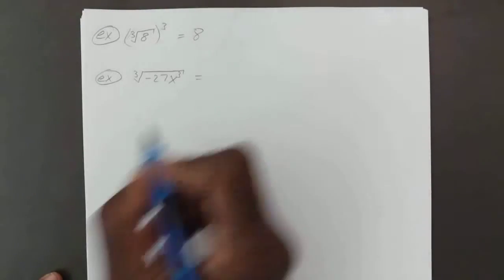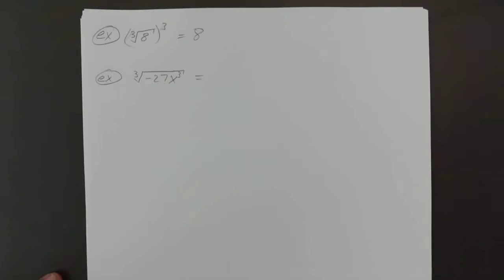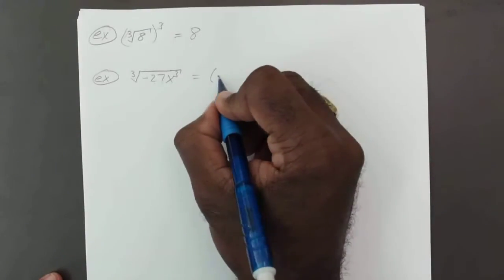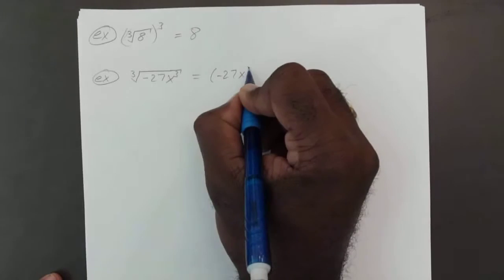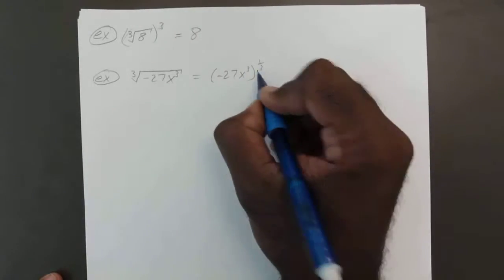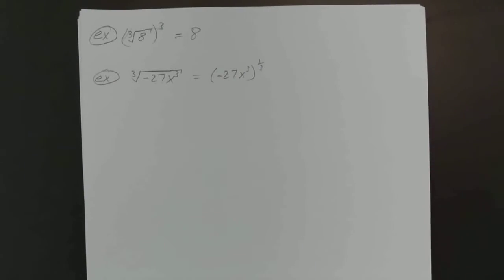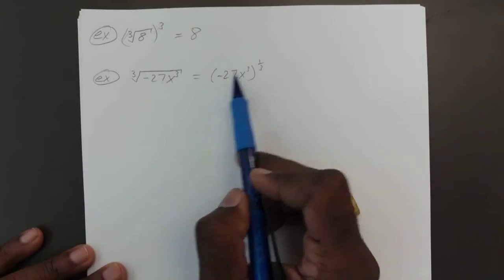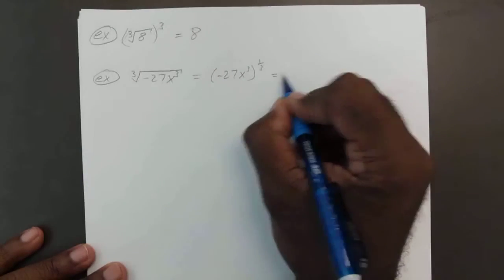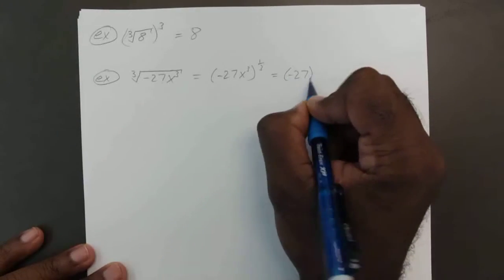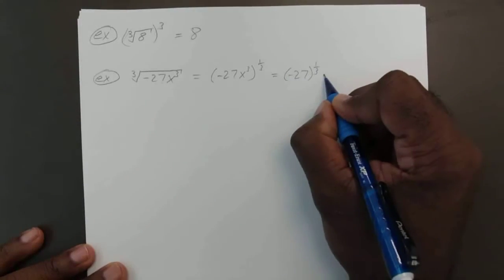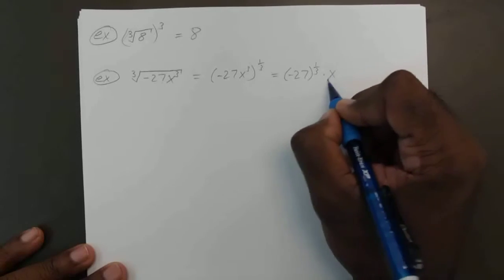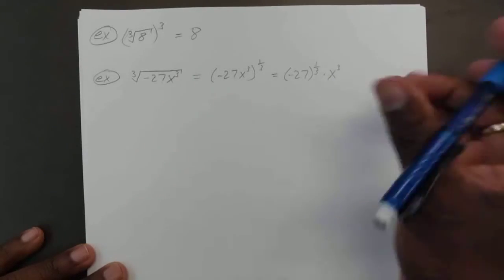Now with this one, you can actually rewrite it a different way. Remember, that's negative 27 x to the third to the 1/3 power. And remember, using the power of product rule, that 1/3 can go to both of those. So that's negative 27 to the 1/3 times x to the third to the 1/3.